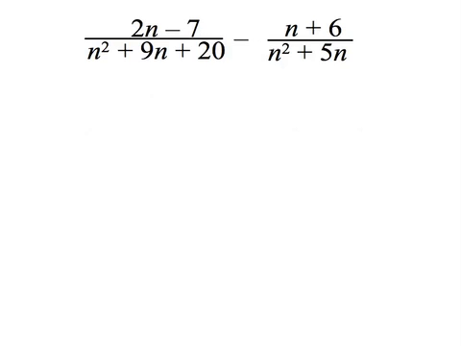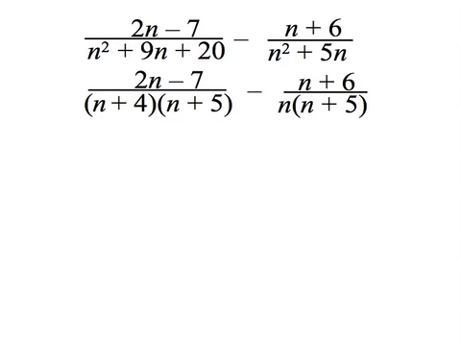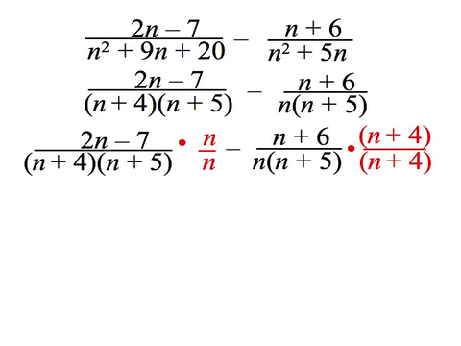Here's one where to find the common denominator we need to factor first, and so we will. The trinomial factors to n plus 4 and n plus 5, and there's a common monomial factor of n in the other denominator. So now we realize they both have a common factor of n plus 5, so we'll need to multiply the first one by n over n, and the second one by n plus 4 over n plus 4.